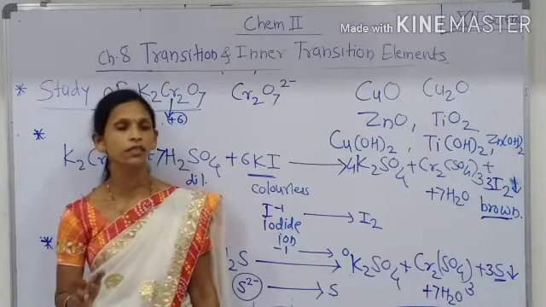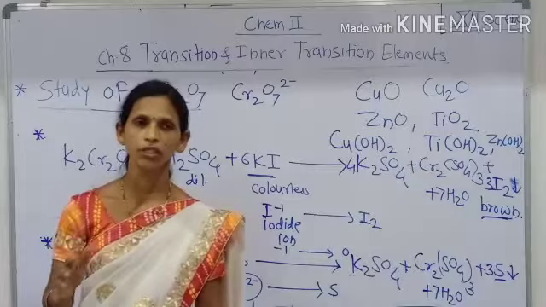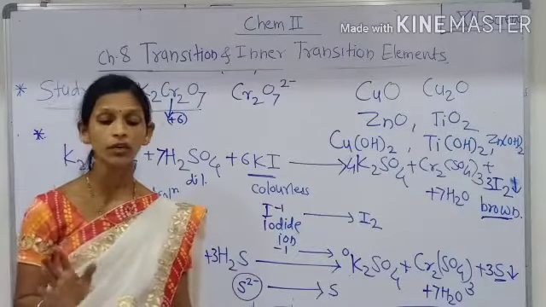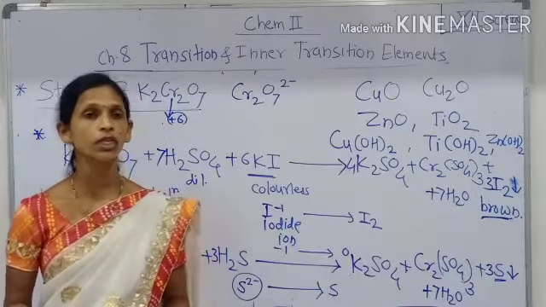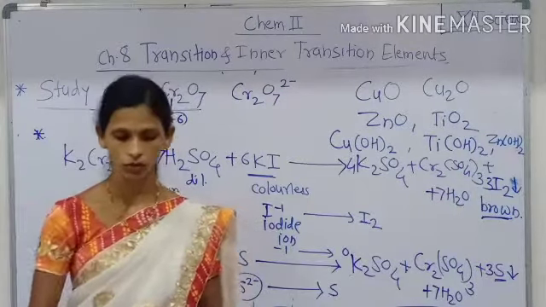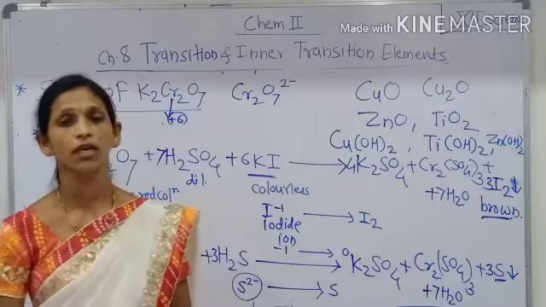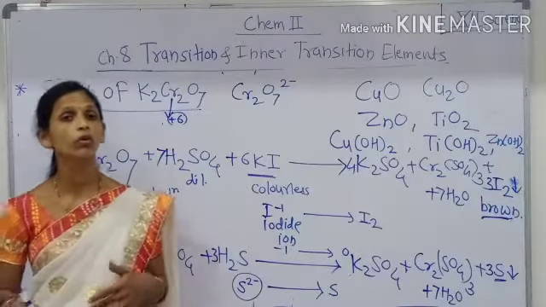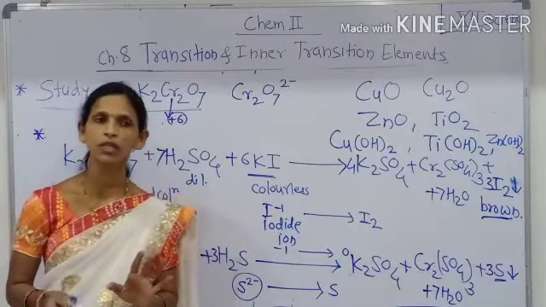Then that is about the common properties of transition elements, of the overall d-block elements. Then there are some differences in the d-block elements. All of you have studied that transition elements are present in 4 transition series. We have studied in detail the elements present in the first transition series.